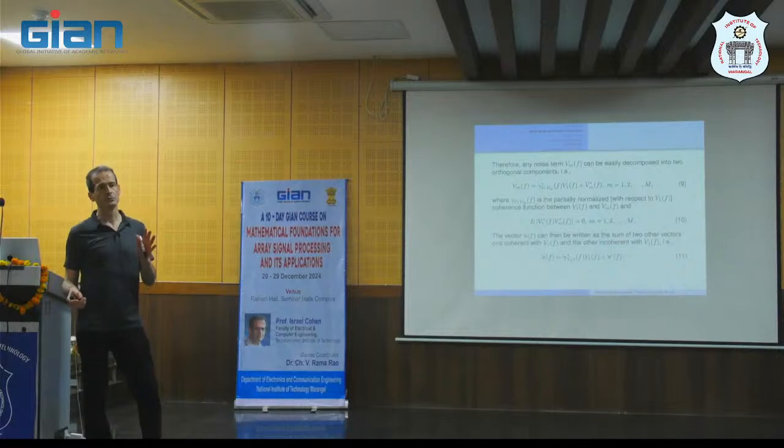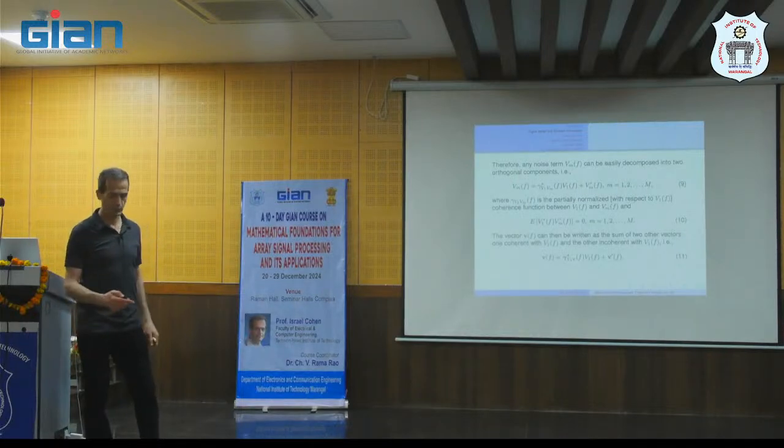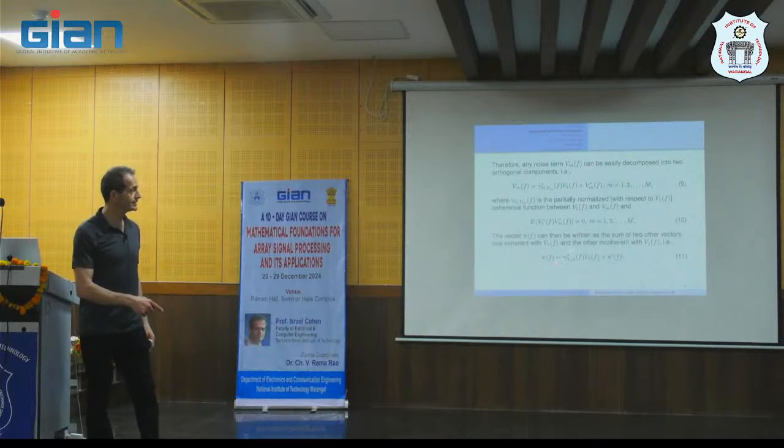So I can do some spatial filtering in such a way that I have higher array gain for directions of the desired source, and low gain for undesired directions, for interferences. So this is like directional interference.